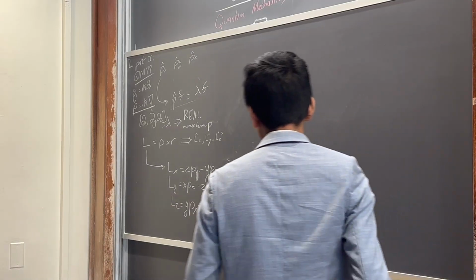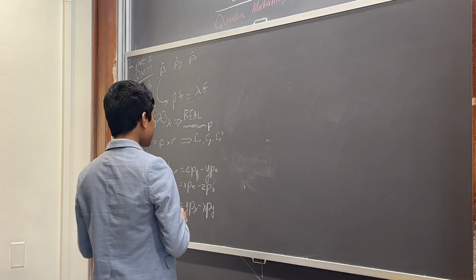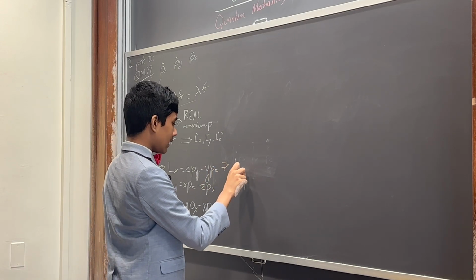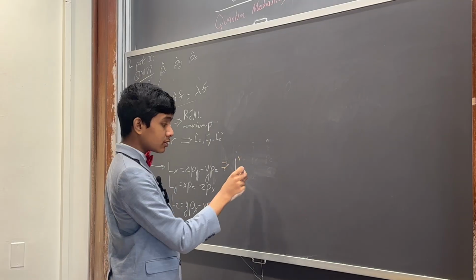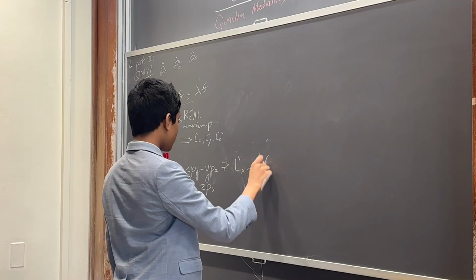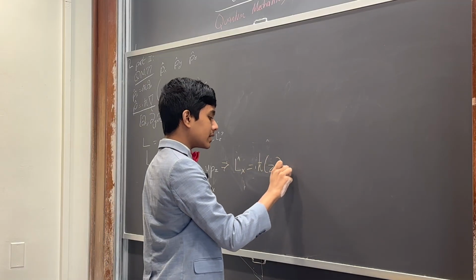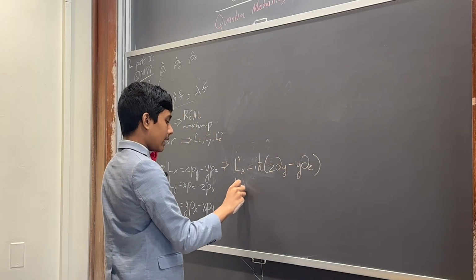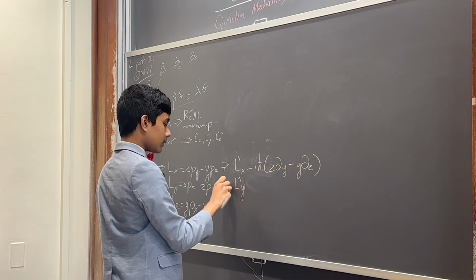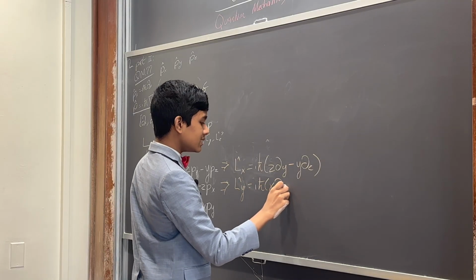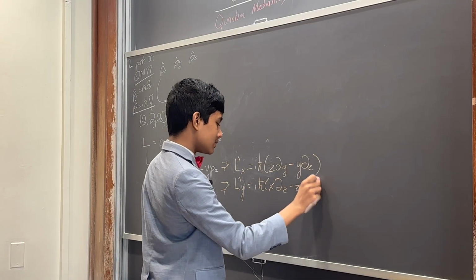That means that when transferring them to the quantum operators, plugging things in, Lx, the operator, is going to be, factoring out the iħ, z partial y minus y partial z. Ly is going to be iħ (x partial z minus z partial x).